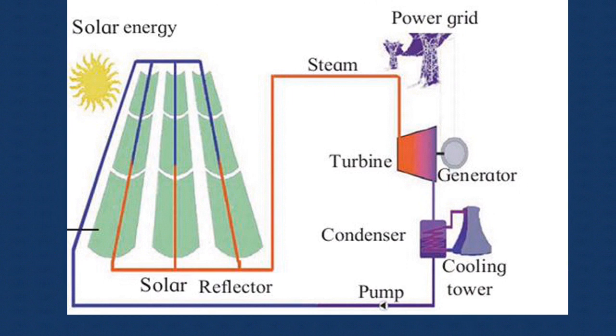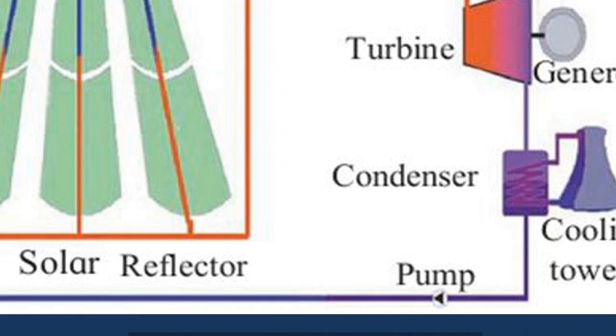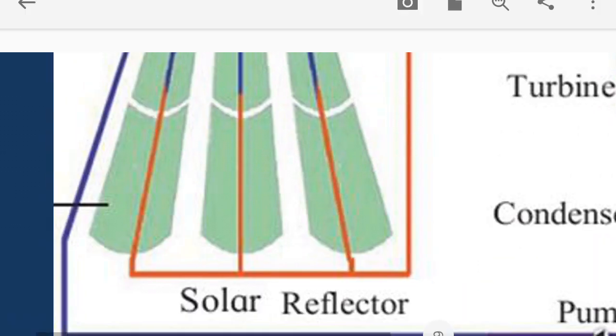We will start the discussion on working from the condenser point. We know that at the outlet of the condenser we have low temperature, low pressure water. This water is pumped back from the pump to these tubes.